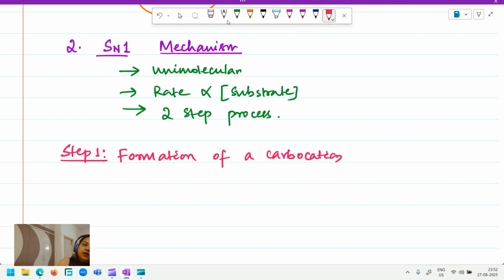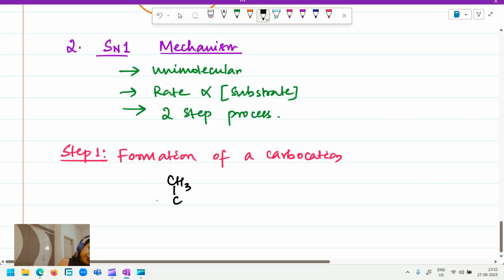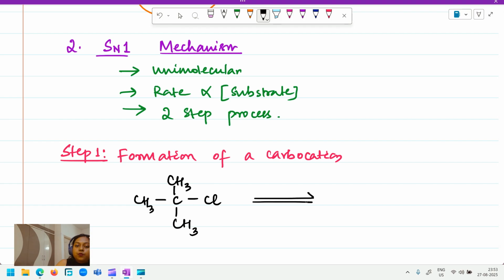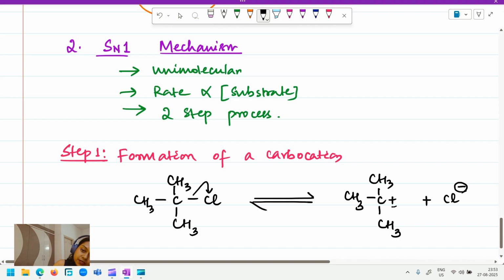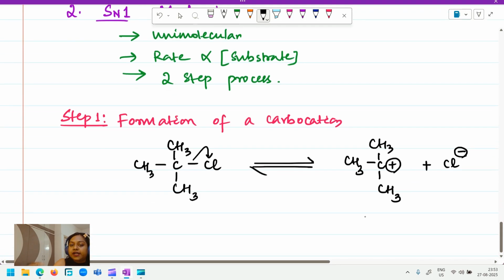How does a carbocation get formed? Let's say we have tert-butyl halide, tert-butyl chloride. Initially the C-Cl bond gets broken. Chlorine carries the electrons of the bond as Cl minus and leaves as the chloride ion, the leaving group. That leaves us with the tert-butyl group with a plus charge on the carbon, so a carbocation gets produced.